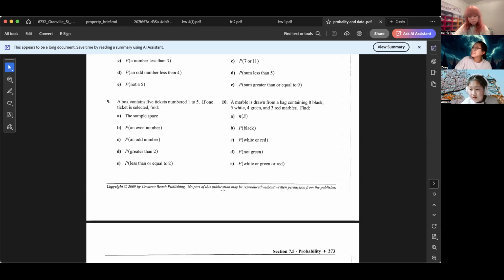I got 20. I got the same thing. Okay. Number B, Zoe. What is the probability of getting black?